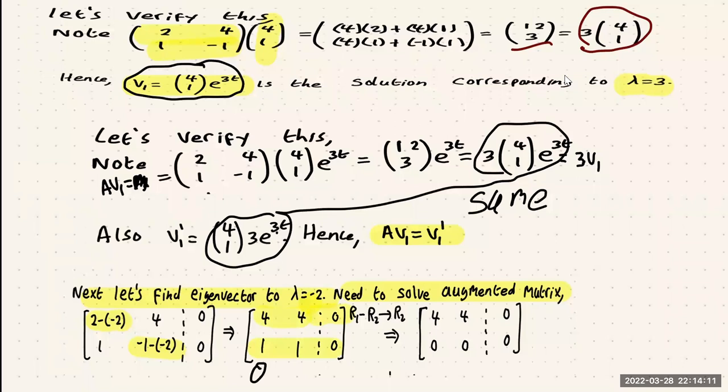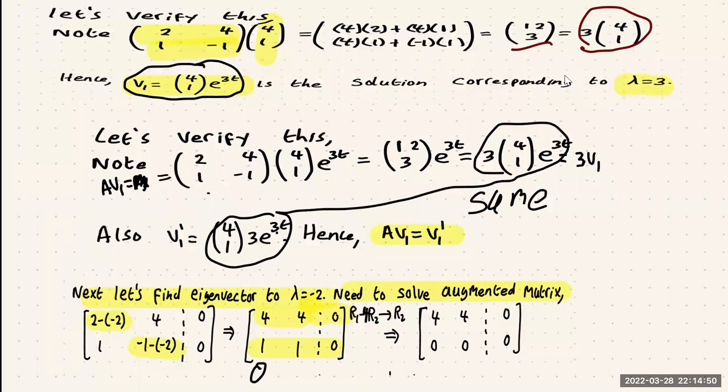Let me just change that. So it should be row 1 minus 4 times row 2 to give a new row 2. When you do the operation, you'll get a 0 on the bottom. And again, this is in the K1 column, and this is in the K2 column.